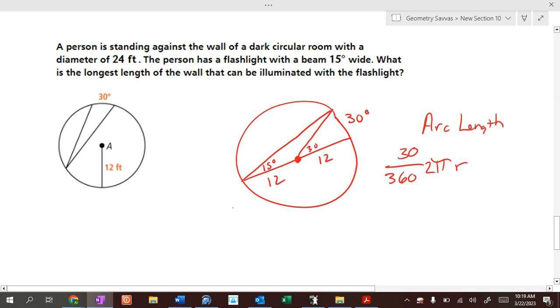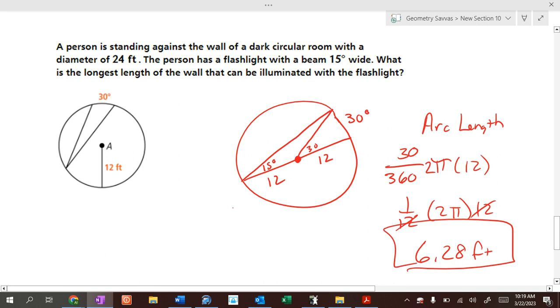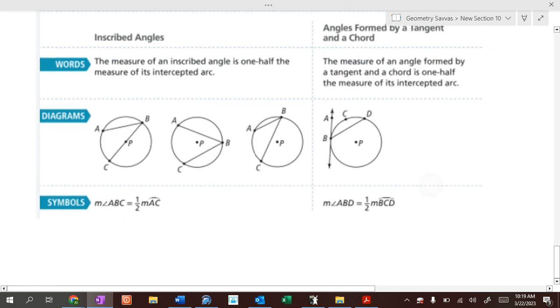So r in this case is 12. If we divide this, 30 over 360 is 1/12, right? Times 2 times pi times 12. Well, these 12s cancel each other. 2 pi is like 6.28 feet. So the longest part of the wall that can be illuminated is 6.28 feet. Okay? That one is a little harder.